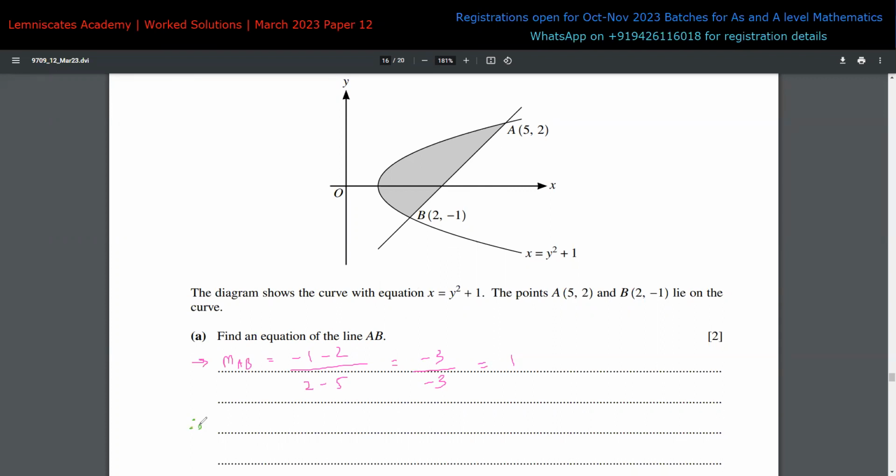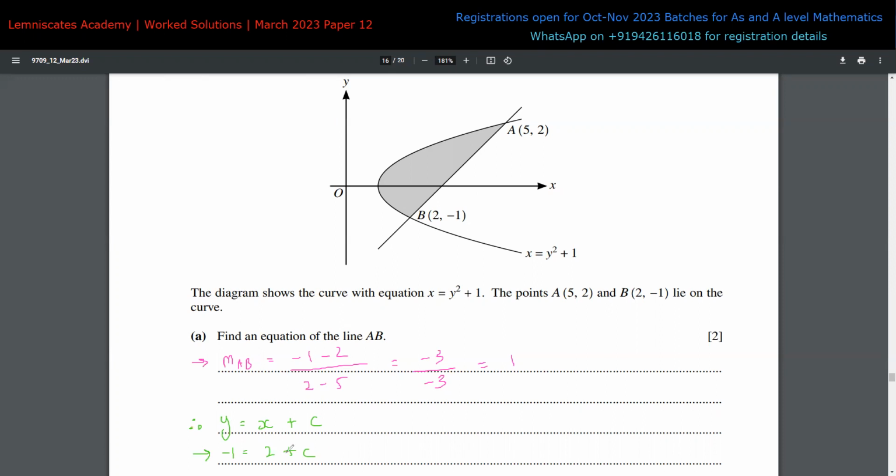So what's the equation of the line now? It's y equals mx plus c, so 1 into x is simply x plus c. We still have not got the y-intercept. So how can we get it? By simply plugging in any point that lies on the line. We have two options, you can choose any one. I am going ahead and choosing the point B. So this becomes y is -1, x is 2, plus c.